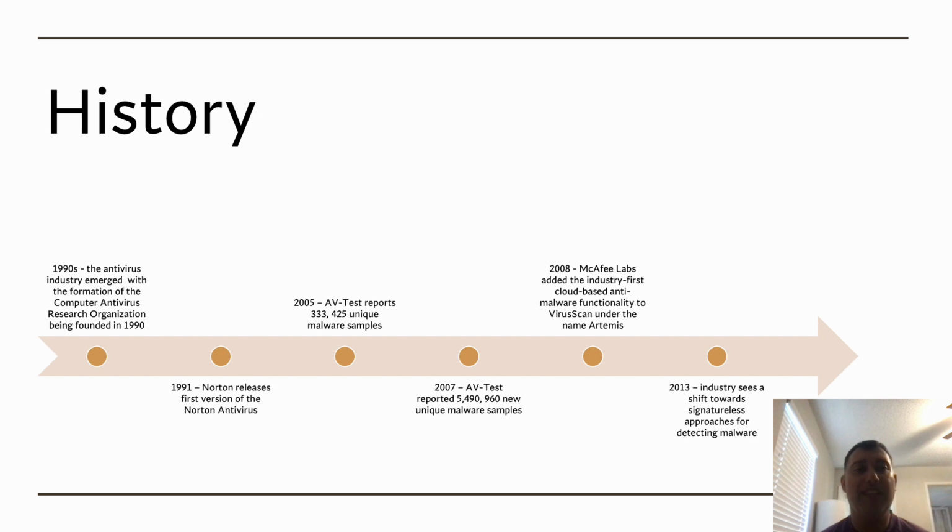By 2007, that number had grown to 5,490,960, just to give you an idea of how quickly viruses were being found. By 2008, McAfee Labs added the industry-first cloud-based anti-malware functionality to the virus scan, named Artemis. In 2013, the industry saw a shift towards signature-less approaches for detecting malware.